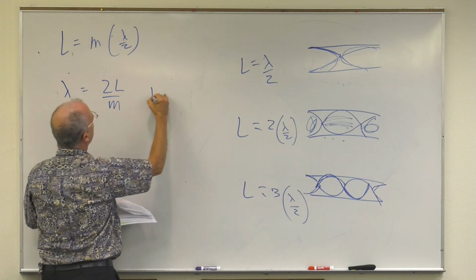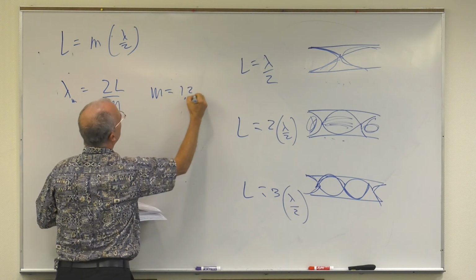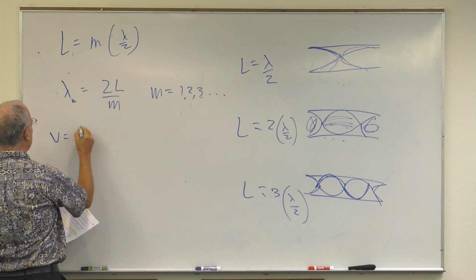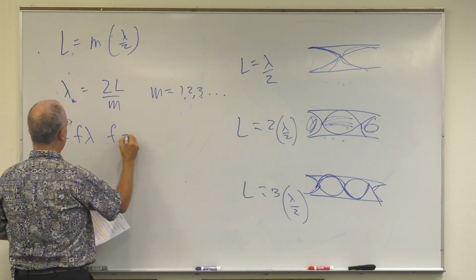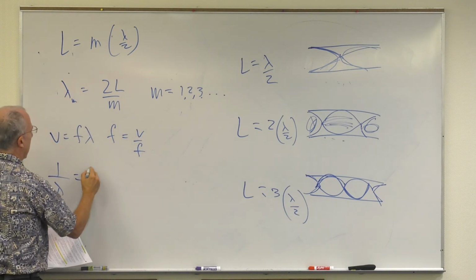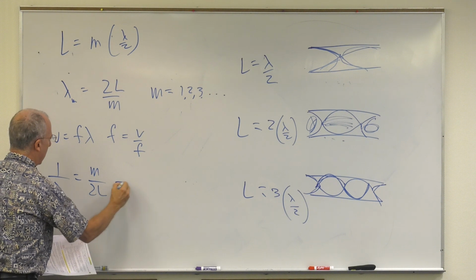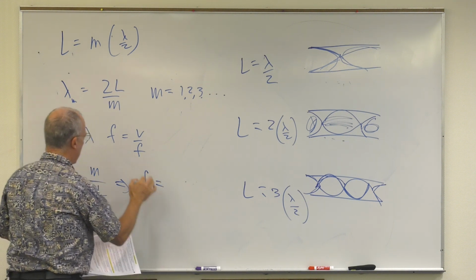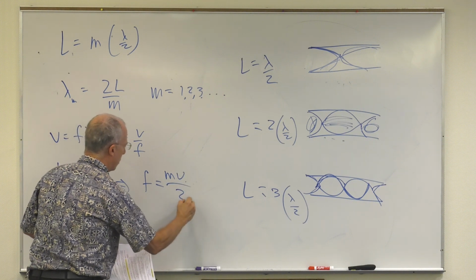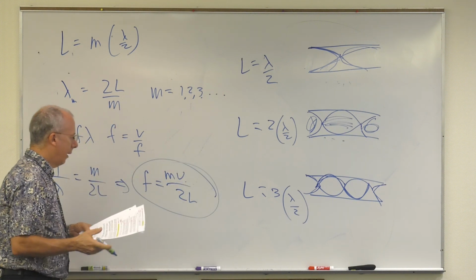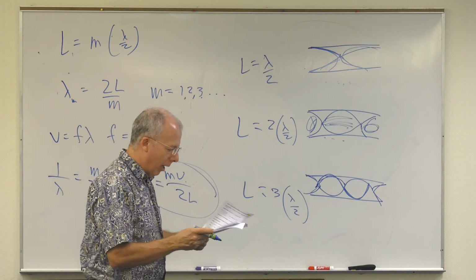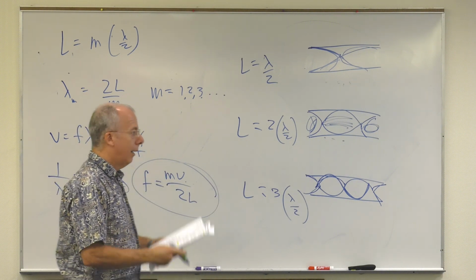And what's m, by the way? 1, 2, 3, and so forth, right? Okay, V equals f lambda, so f is V over lambda. 1 over lambda is m over 2L. Therefore, f equals V times that, so mV over 2L. Ta-da! And again, m is 1, 2, 3, so I have even and odd harmonics.